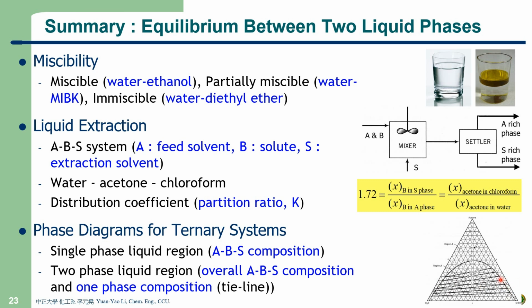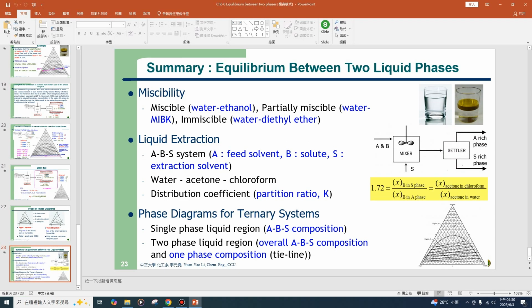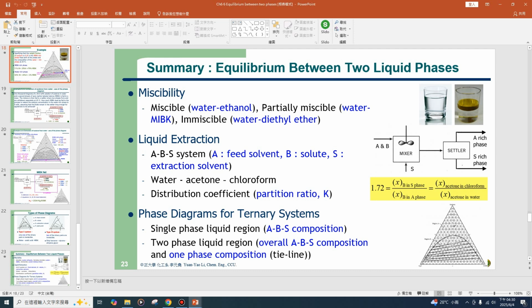So this is the MIBK rich phase, and we will know the composition of A, B, and S. This is what we learned on Monday, and we are going to do a practice today. So I hope you still remember.